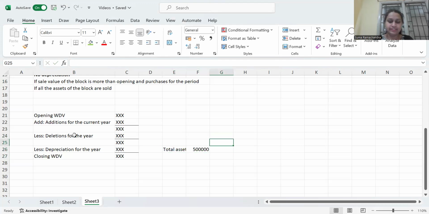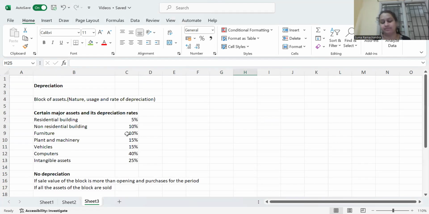Let me take the current year addition as 3 lakh rupees and old assets being 2 lakh rupees. Now, if this current year addition was made after September 30th, that is after the first half of the year, then the rate of depreciation I'm supposed to apply will become half of whatever is the rate given here.